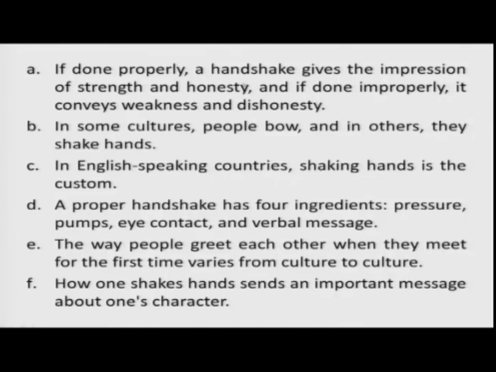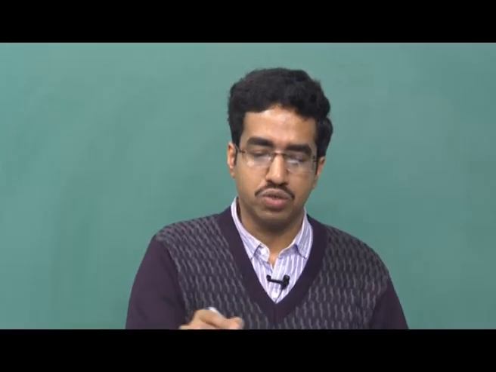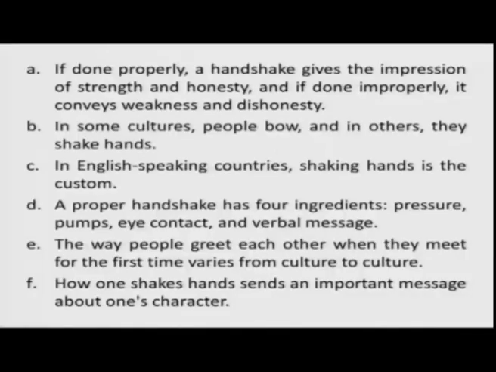So, you are now talking about some qualities of shaking hands. So, cultures, and then further we narrow it down to shaking hands. So, that is C: In English speaking countries, shaking hands is the custom. So, from too many options, you have now narrowed it down finally to shaking hands.